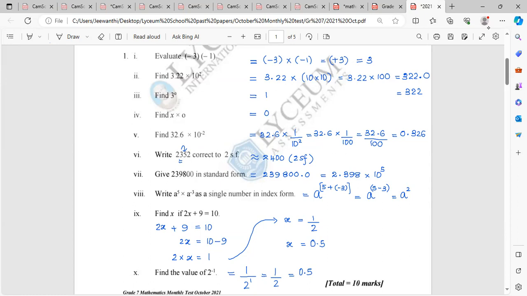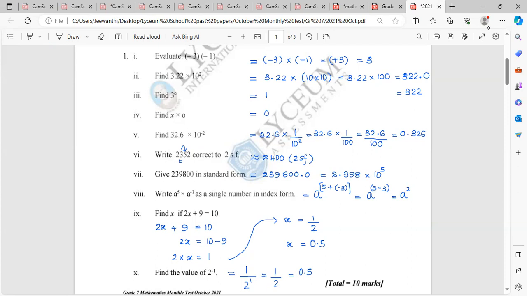239,800.0, 2.398, and I want to move 1, 2, 3, 4, 5, 10 to the power of 5, it is correct. 5 plus negative 3, plus and minus, it becomes minus. 5 minus 3, 2. Then 2x plus 9 equal to 10. And 2x equal to 10 minus 9, 1.